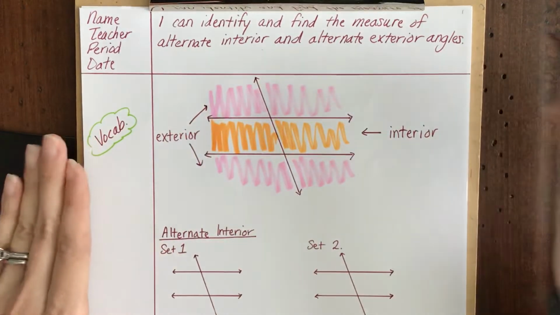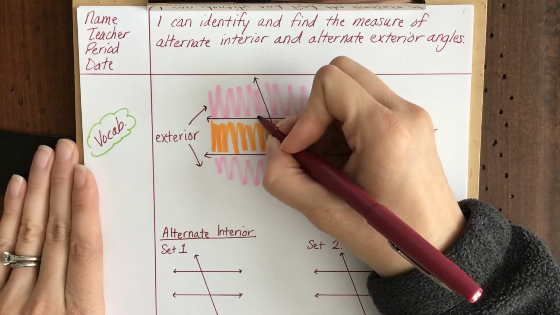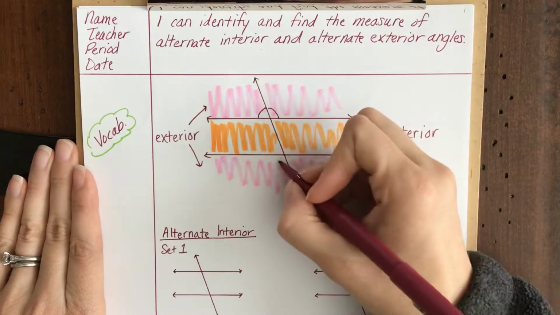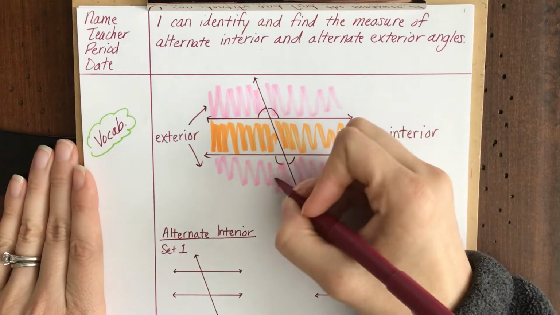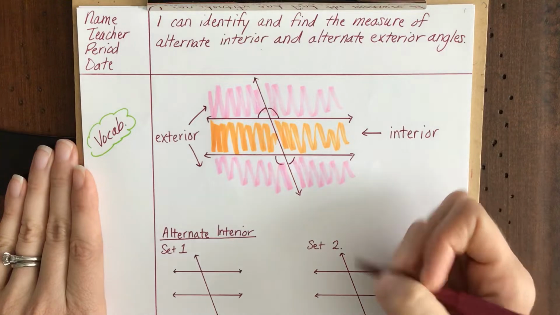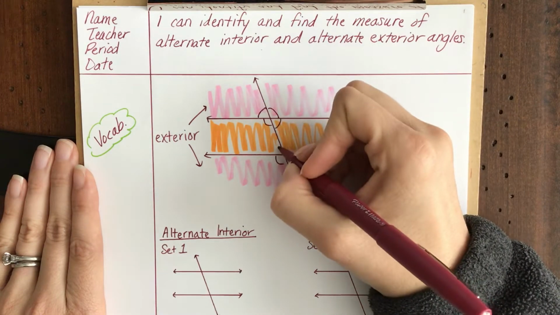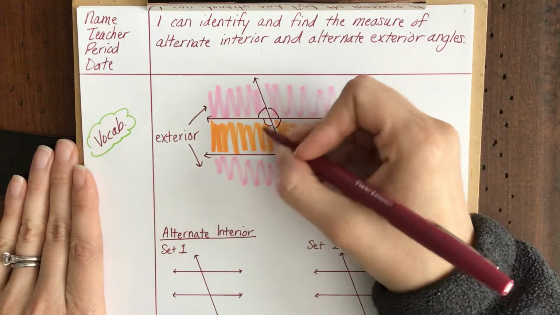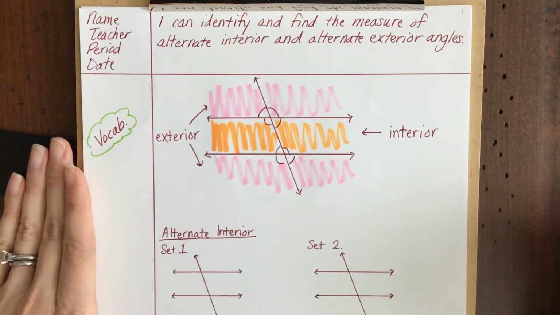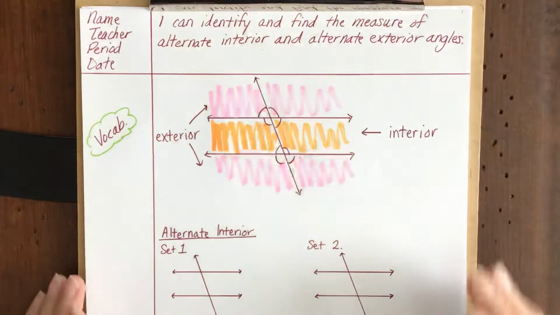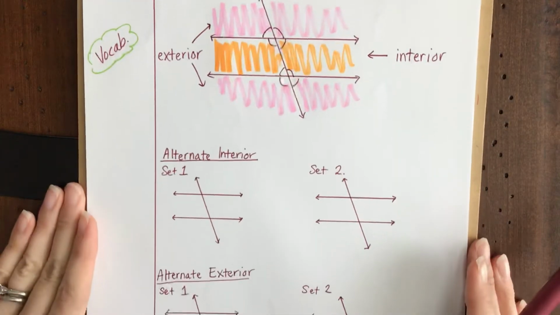This angle and this angle are both exterior angles. This angle and this angle are both exterior angles. And then the four angles on the inside here are considered interior angles.